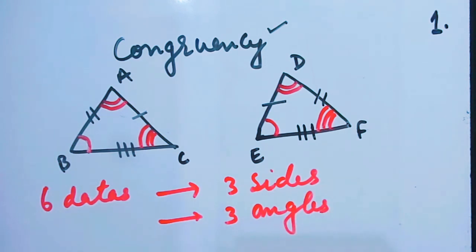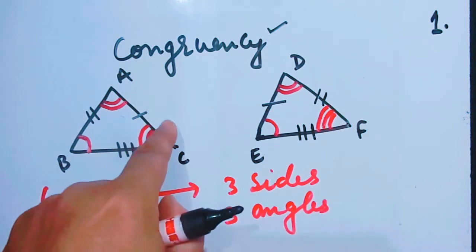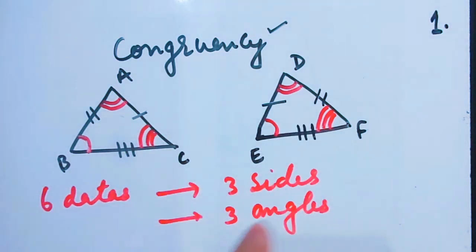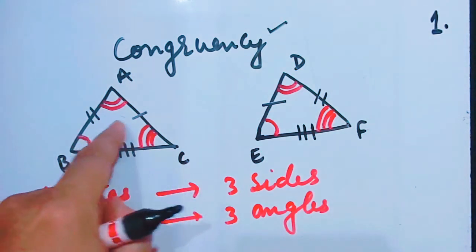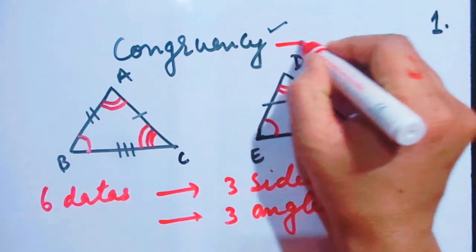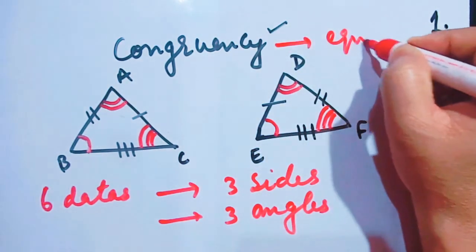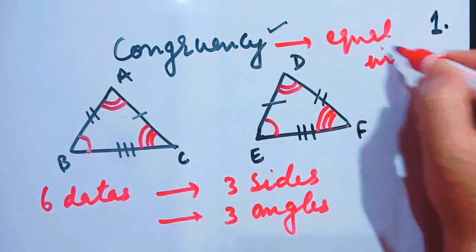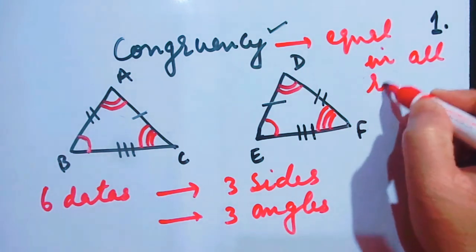Now, if the 3 sides and 3 angles of one triangle are equal to the other, then we say that the triangles are equal in all respects. So here congruency means equal in all respects.